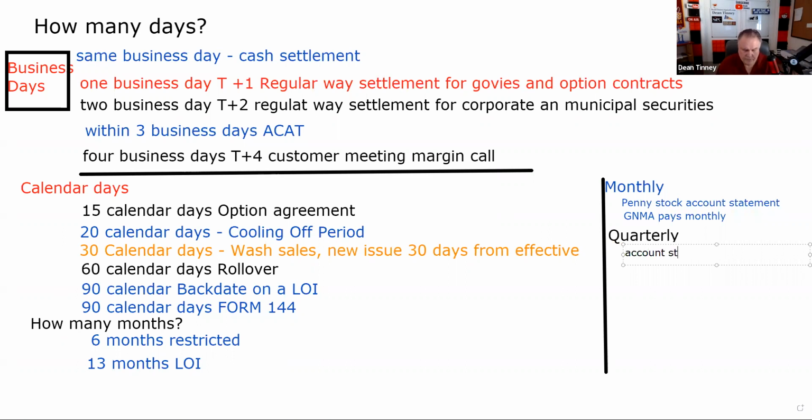For test purposes, stocks that pay dividends would be a quarterly thing. So just be careful on the test if they say it has a quarterly dividend of. Not all stocks pay dividends, but they're typically quarterly.